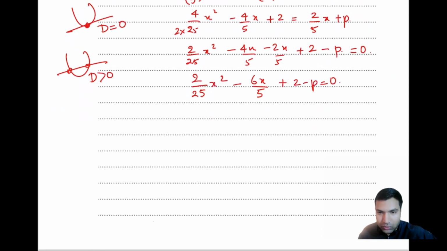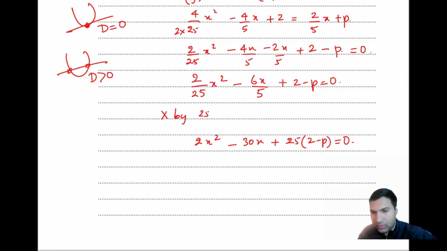Okay, now multiplying throughout by 25 to remove this 25. So we get 2x squared minus 30x. 25 into 1 by 5 is 5, 5 times 6 is 30, plus 25 times 2 minus p as whole equal to 0.